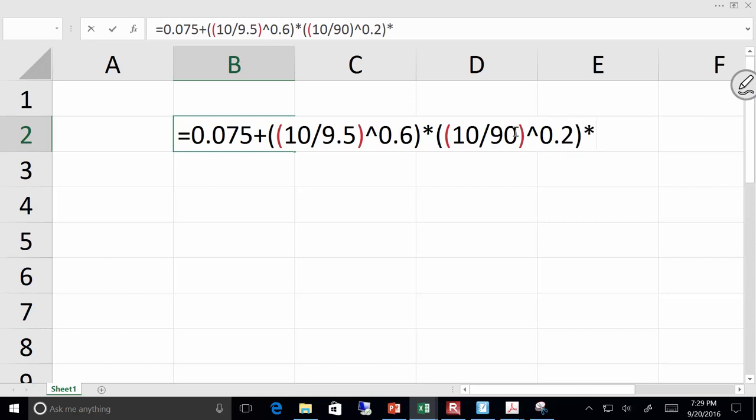And then multiply another big thing raised to the 0.1. And that is the kg.